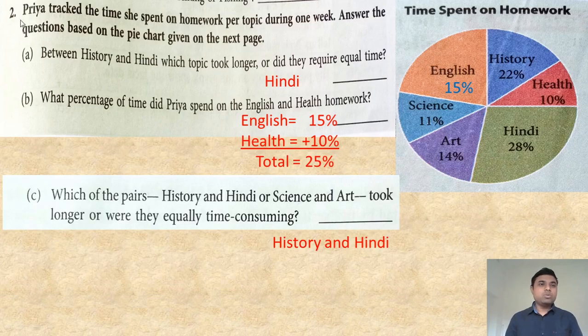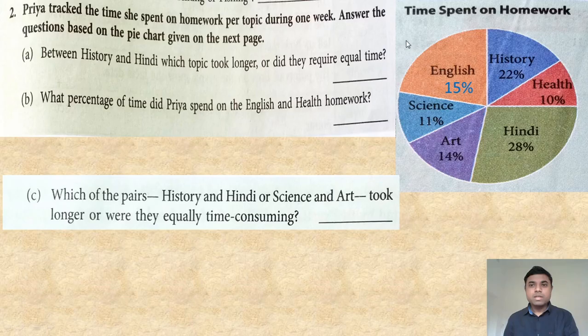Now question number 2. Priya tracked the time she spent on homework per topic during 1 week. Answer the questions based on the pie chart given on the next page. Here this is the pie chart. Just see the pie chart properly. Time spent on homework, this is the title.